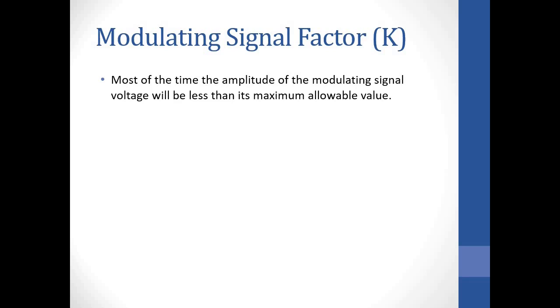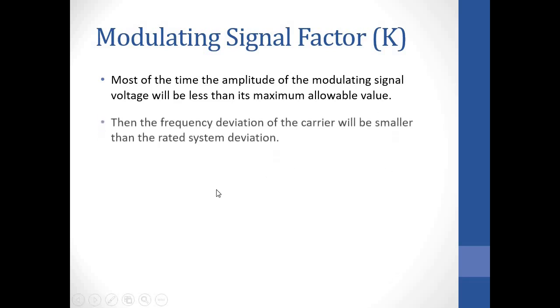Let's say the maximum allowable is 7.5 volts. You can actually modulate using 5 volts instead of 7.5. With 7.5, it is easy to exceed your maximum allowable, for example by inserting 7.7. So to be safe, you use a voltage lower than the maximum allowable.